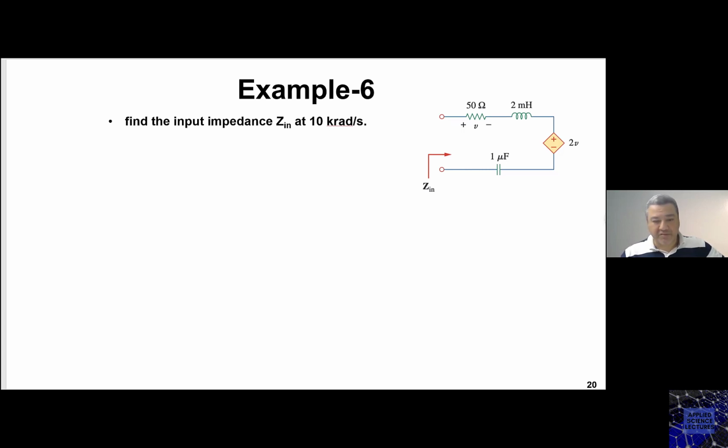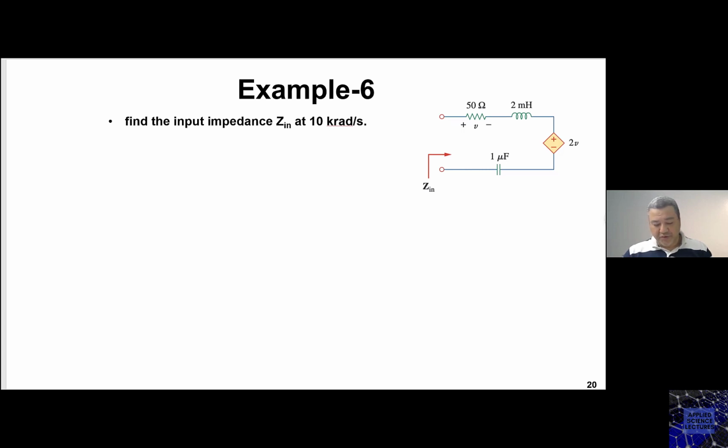And in this case, we cannot calculate the impedance directly. We have to hook up a source to the input of the circuit and calculate, for example, the withdrawn current for this known voltage.